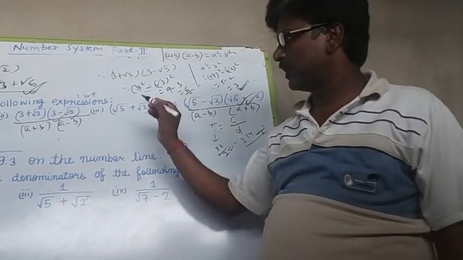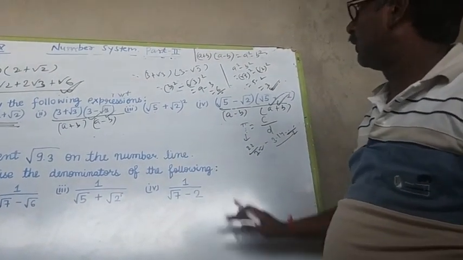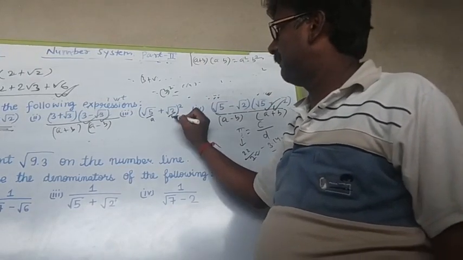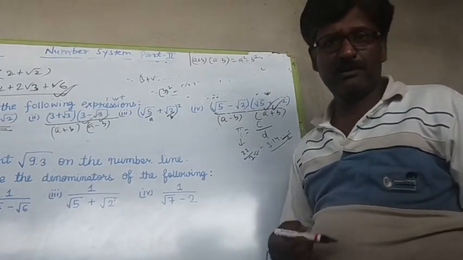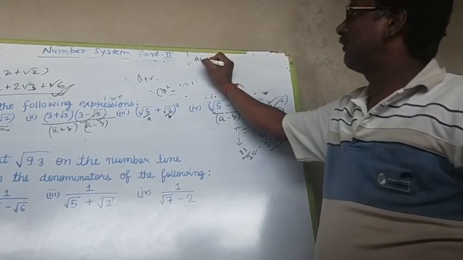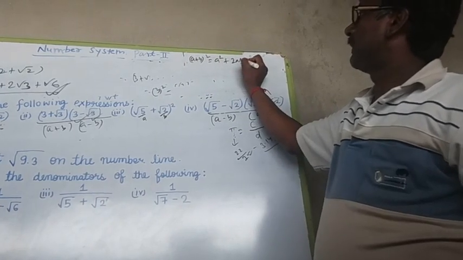And now this question, under root 5 plus under root 2, whole square. It means let this one be a and this one be b. So this can be read as a plus b whole square, and a plus b whole square is equal to a square plus 2ab plus b square.